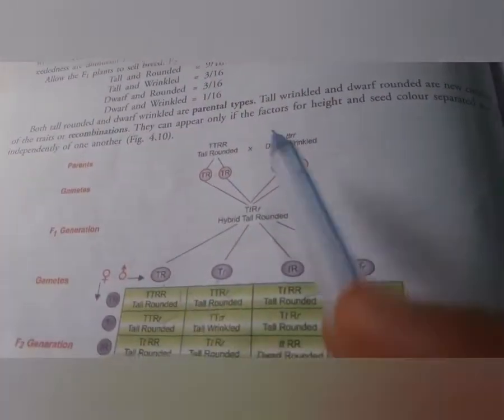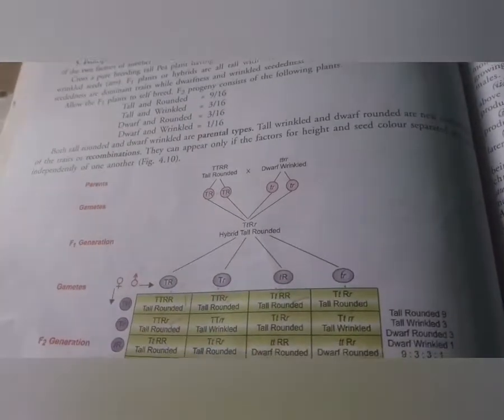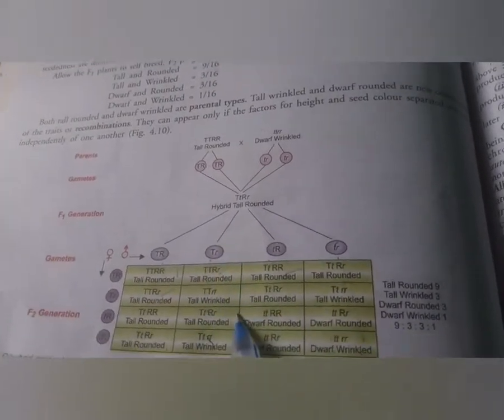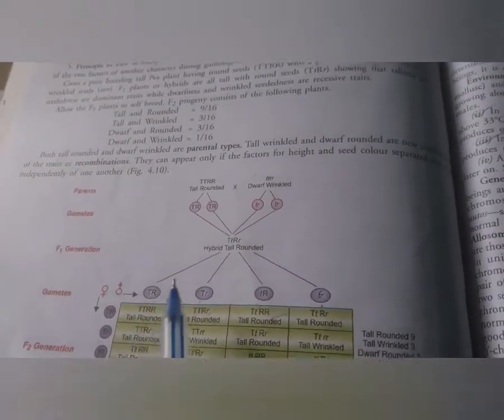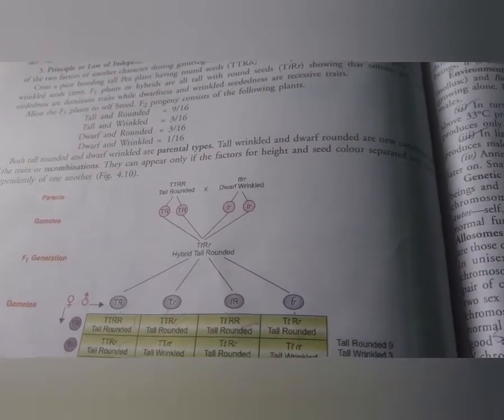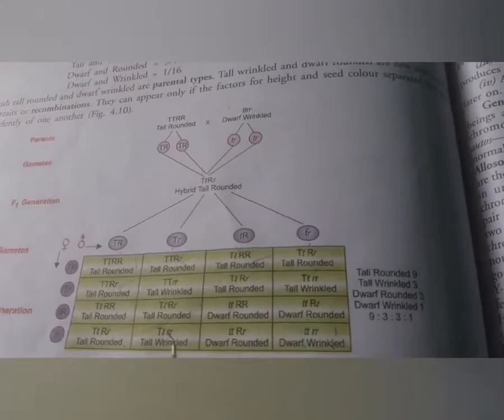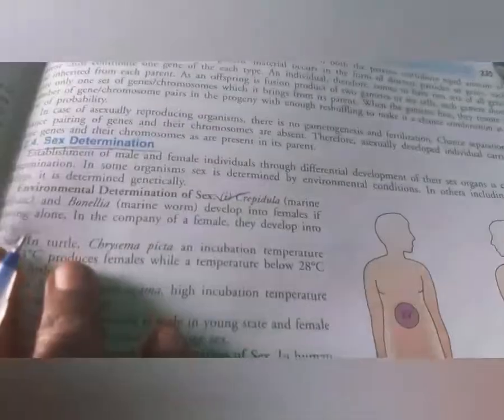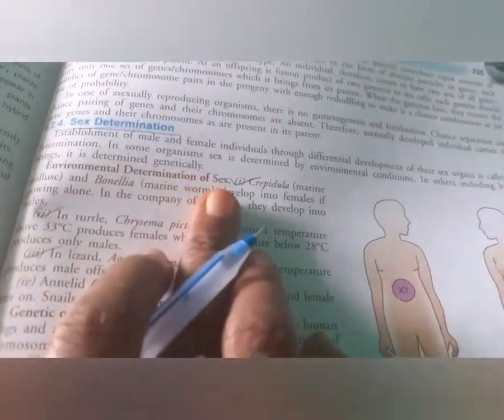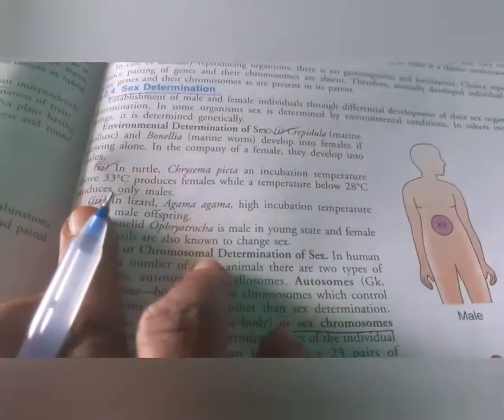So you must learn the definition, and you must try to understand this independent assortment related with dihybrid cross, and again law of segregation is related to the monohybrid cross. Okay, and the last part is sex determination, how sex is determined in human beings.